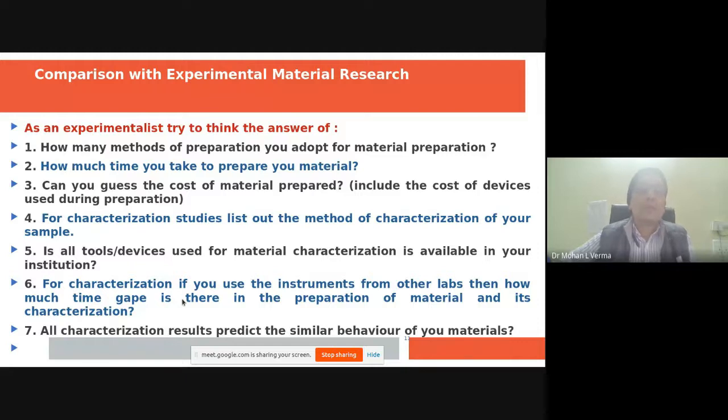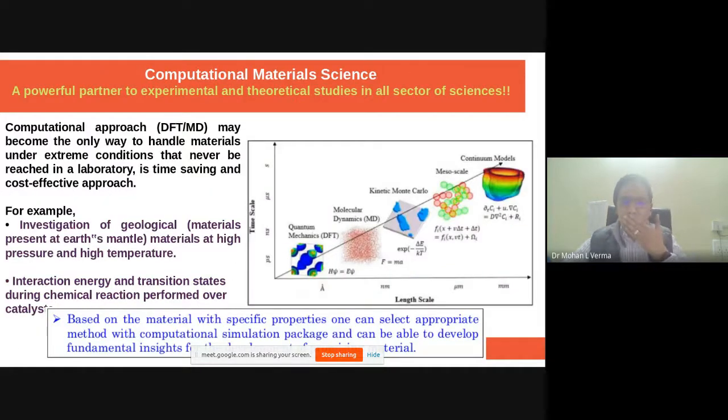So all these are the problems which we face during our experimental work, and I am also facing the same here. When we compare with experimental results and look for a tool, there is a new field known as computational material science, and this is actually a powerful partner to experimental and theoretical studies in all sectors of science.